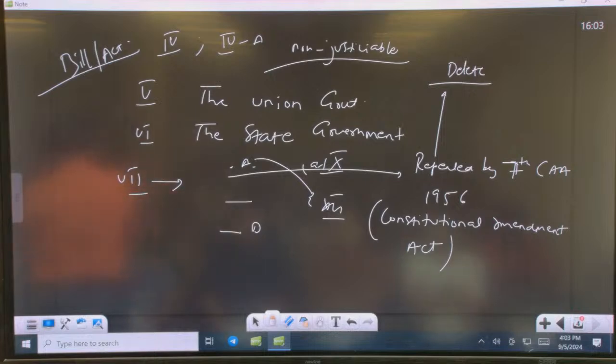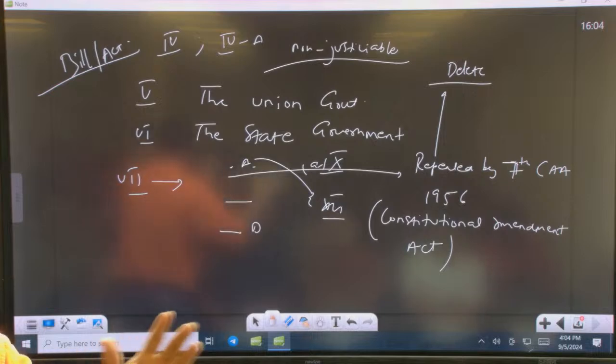Now let's suppose the government wishes to increase the penalty for violating a red light from 500 rupees to 1000 rupees. Does the constitution need amendment for this? No. So this would be a simple act. Simple acts are passed in a different way, and constitutional amendment acts are passed in a different way.